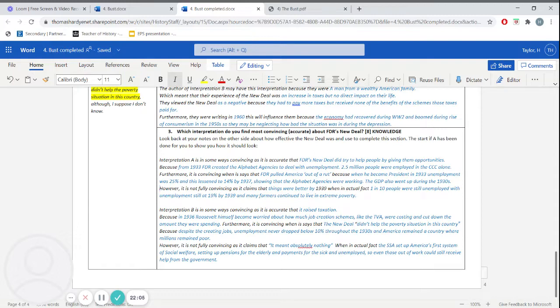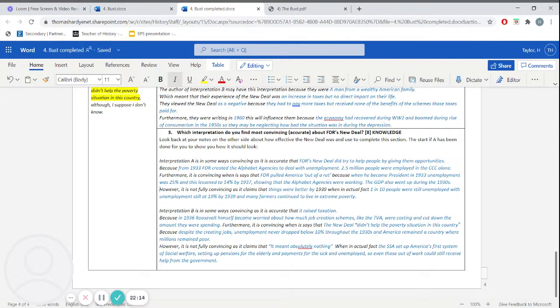So there I've got 3 points taken from the interpretation, and for 2 of them I've supported and said yes, that is accurate, and I've used specific evidence. And then for a 3rd one I've said how what they've said is not accurate, and I've supported that with evidence.